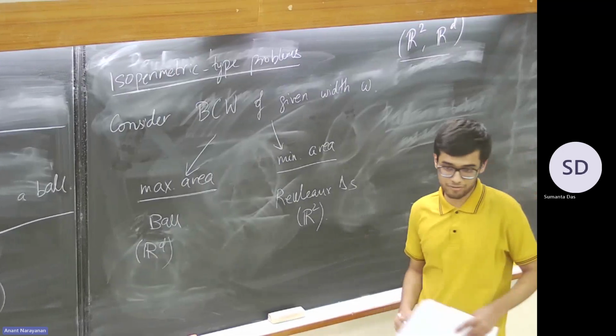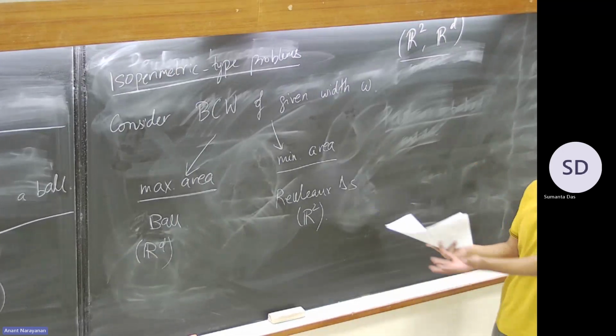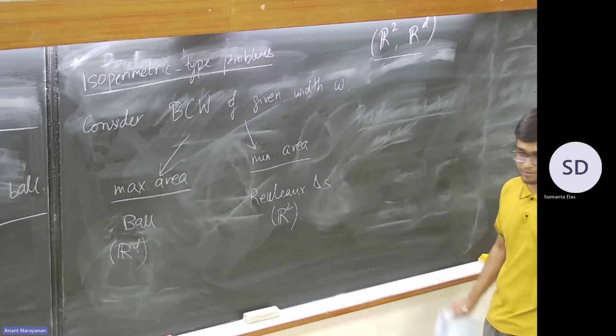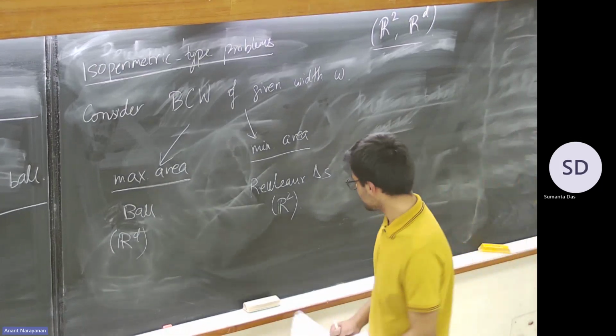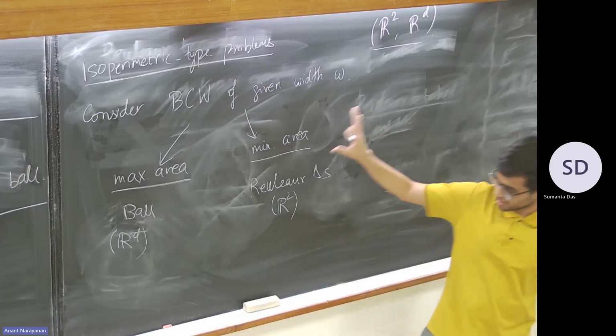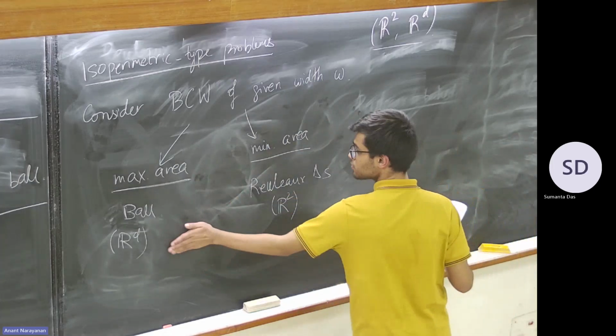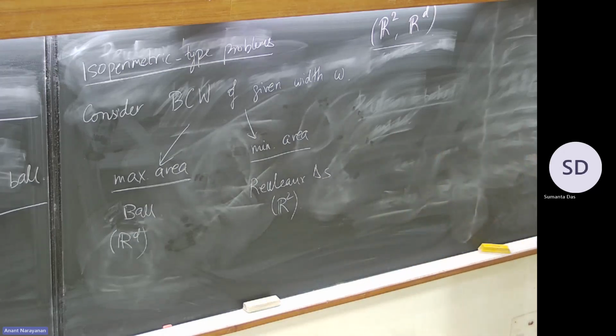So you don't even have any indication that this might be the value. For R3 and higher dimension, this is not proved. This is completely done in R2. And first we'll focus on this particular problem of maximizing area.